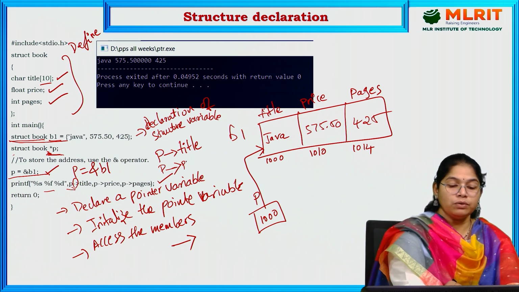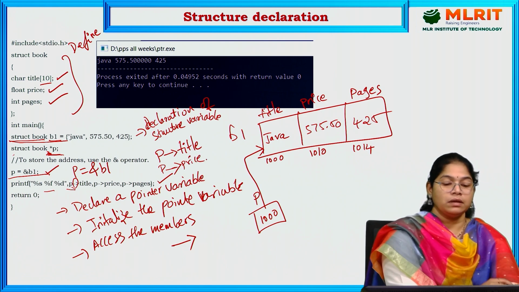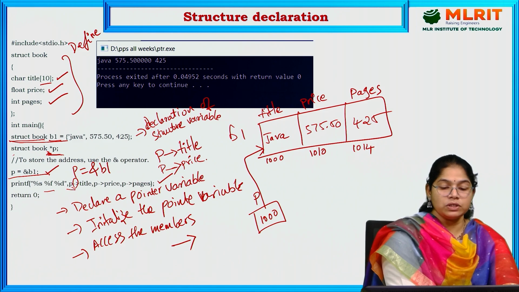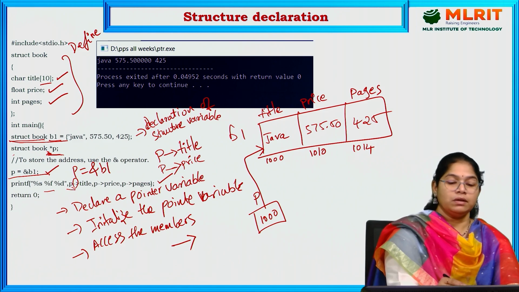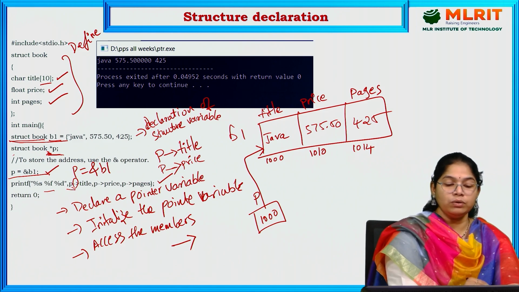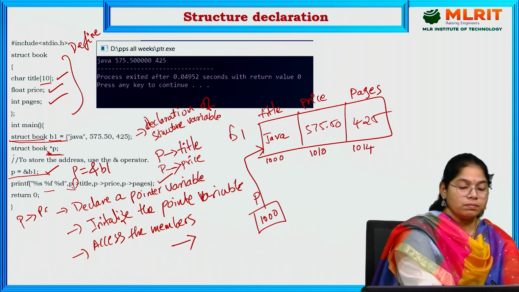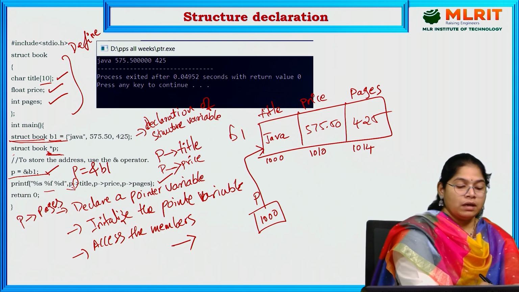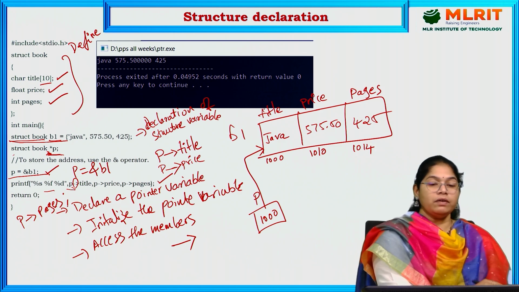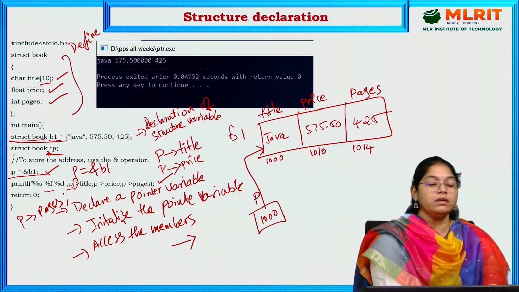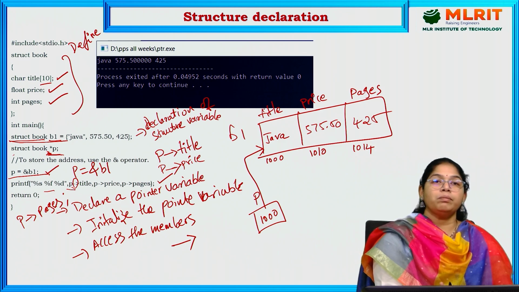The value here is price. Next is pages. Using a pointer, we can access that value by giving the access operator as arrow, then pages. In that way, we can access the members of the structure using a pointer.